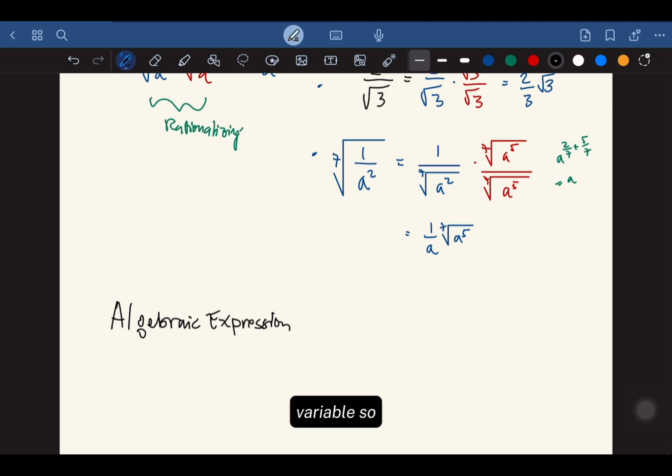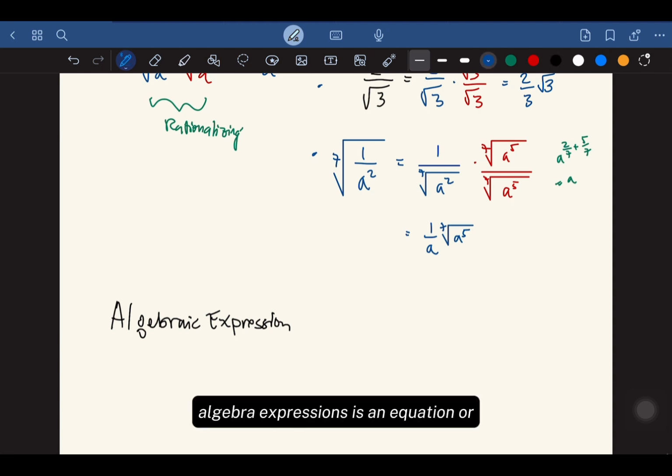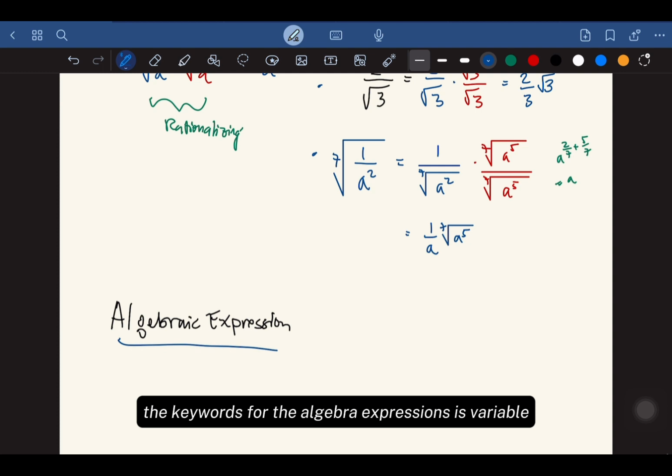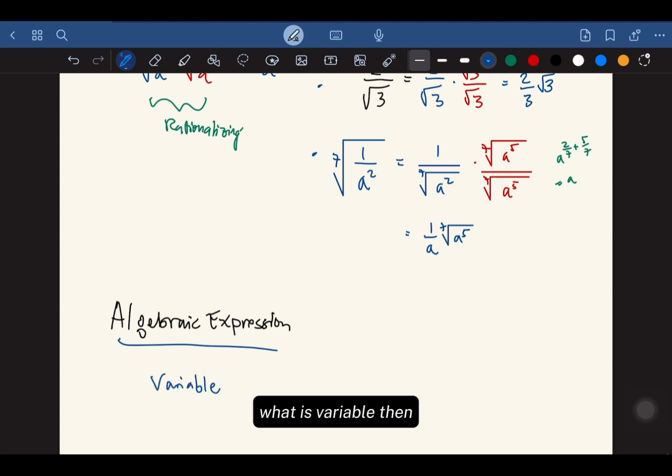An algebraic expression is an equation or expression that has what we call a variable. So the keyword for the algebraic expression is variable. But what is a variable?